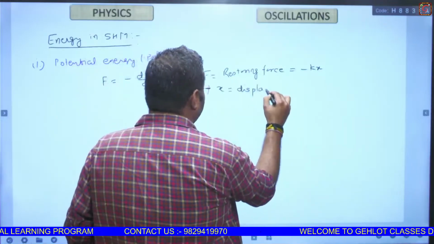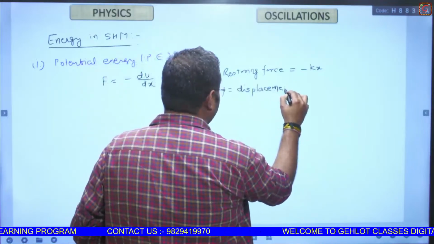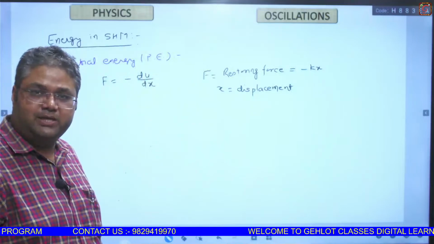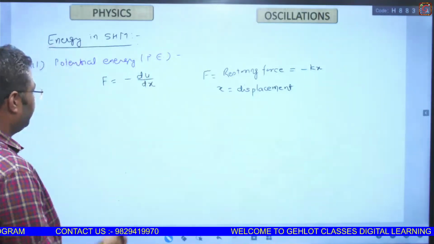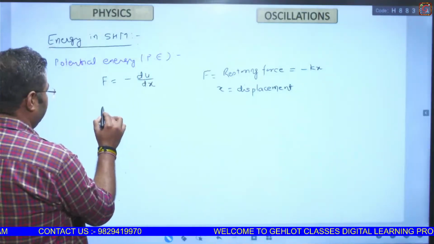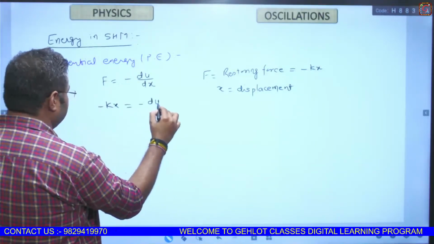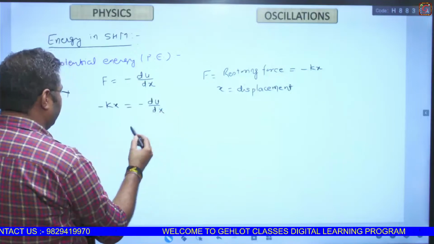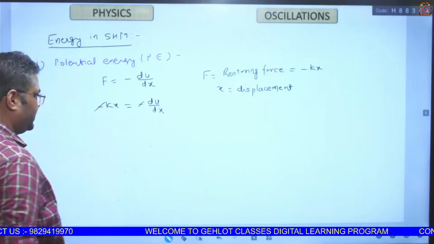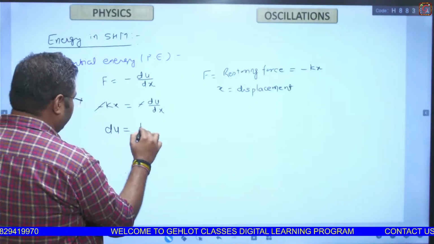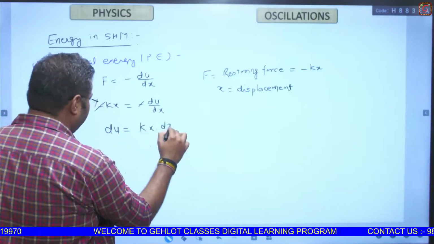In our earlier session we used y as displacement, but it will not make any change. So F equals minus kx; substitute the value here. Minus kx equals minus dU by dx. If we cancel out the negative sign, dU becomes kx dx.